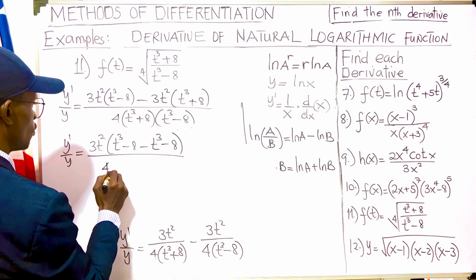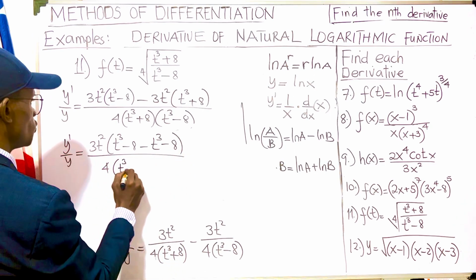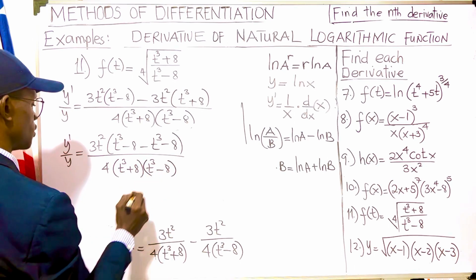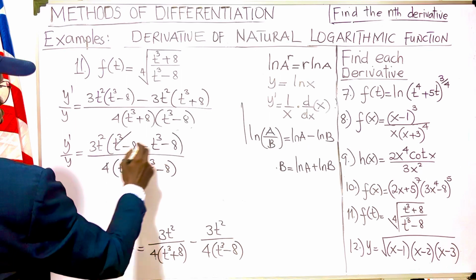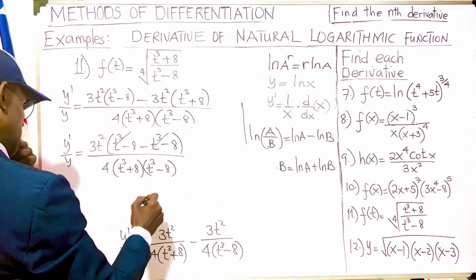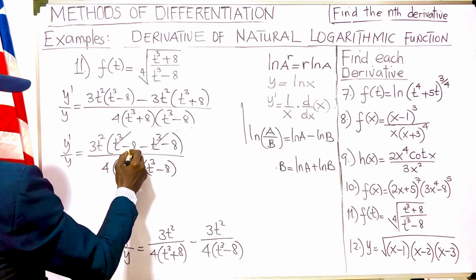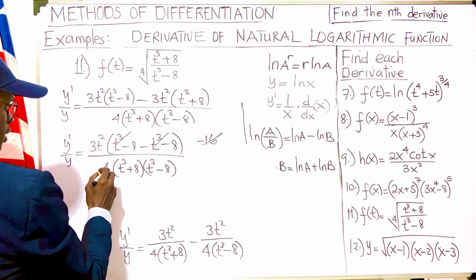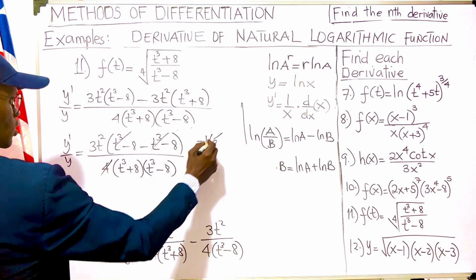Divided by 4 times t cubed plus 8 times t cubed minus 8. So this t cubed can cancel this one, and then minus 8 and minus 8 is negative 16. This negative 16 can reduce with the 4 here.